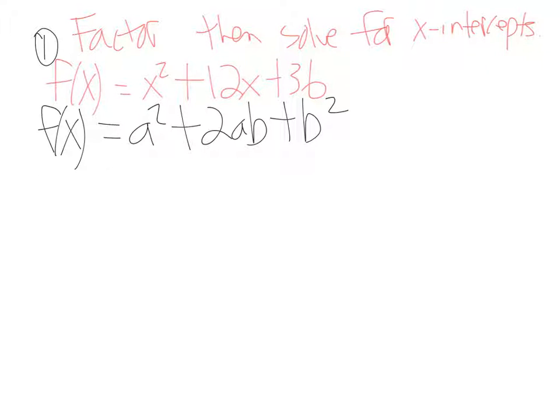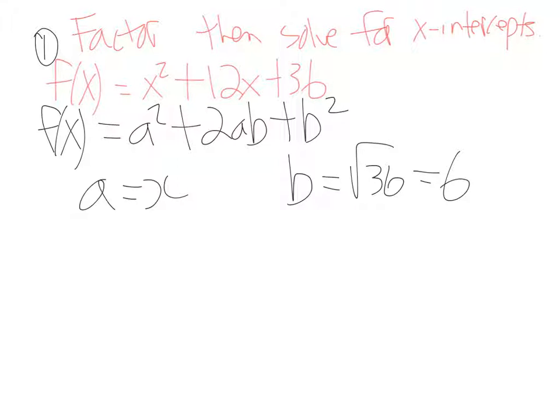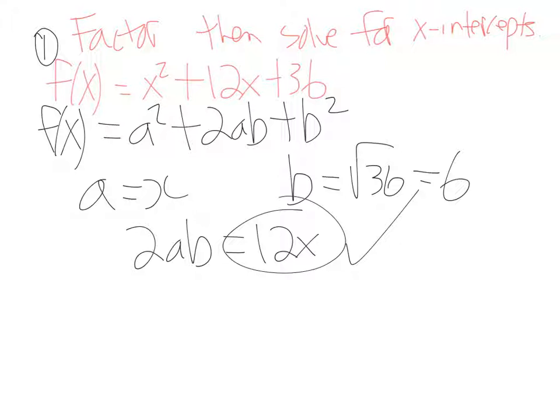Well, a is going to be equal to x. b is going to be the square root of 36, which is 6. And then 2ab equals 2 times 6, which is 12x. Did I do it right? Yeah, that's definitely a perfect square.